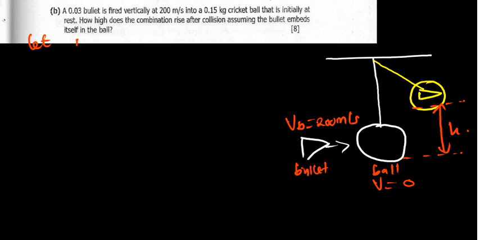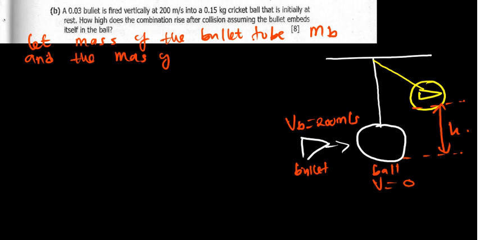Let the mass of the bullet be mb, and the mass of the ball be m, I can even say capital B. From my data, mb is 0.03 kg.